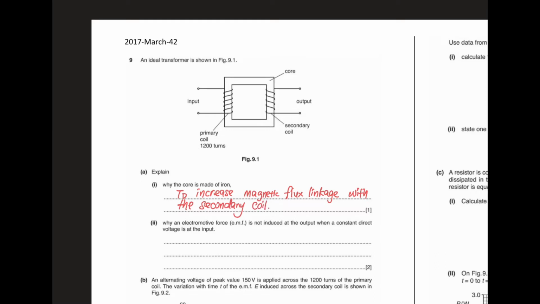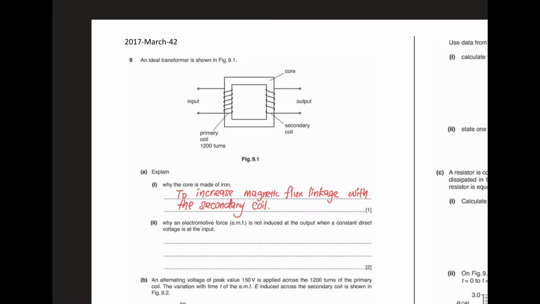Part 2. Why is an electromotive force EMF not induced at the output when a constant direct voltage is at the input? They are using direct voltage, not alternating voltage. And direct voltage is a constant value.